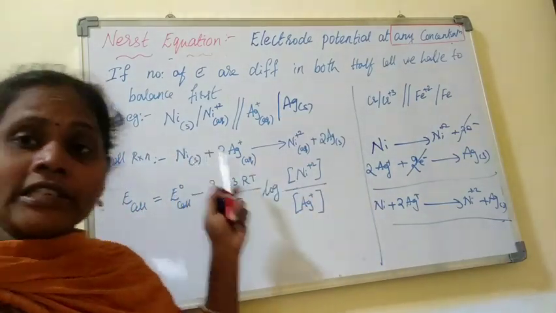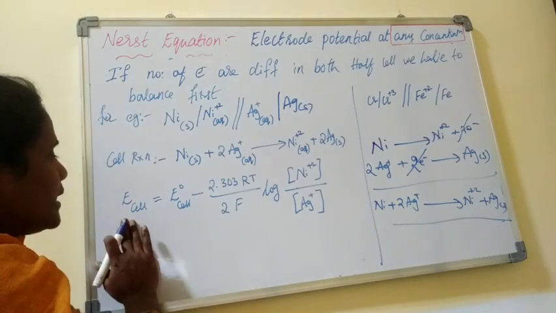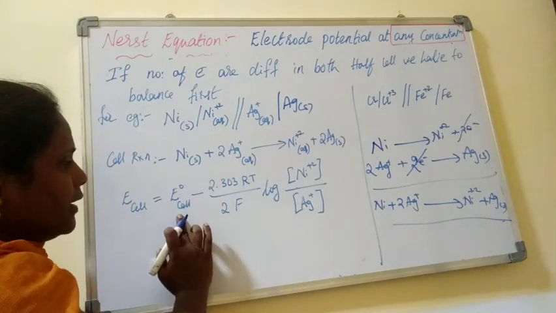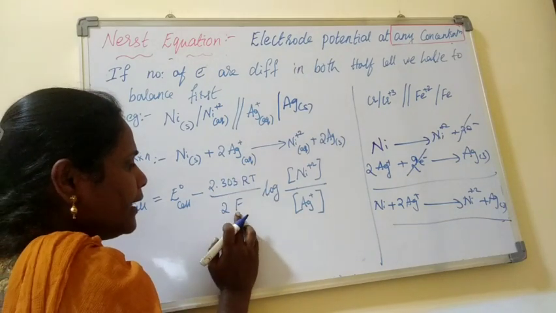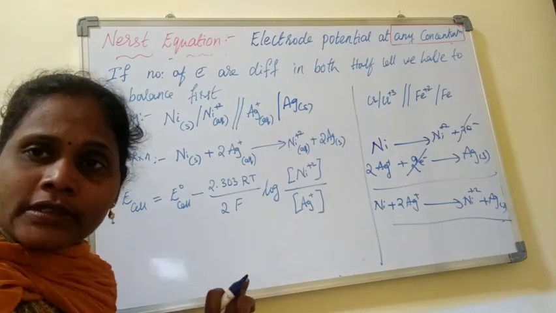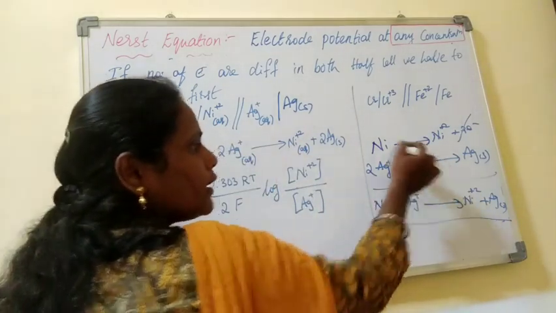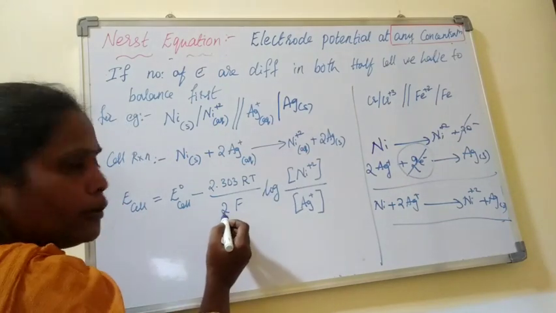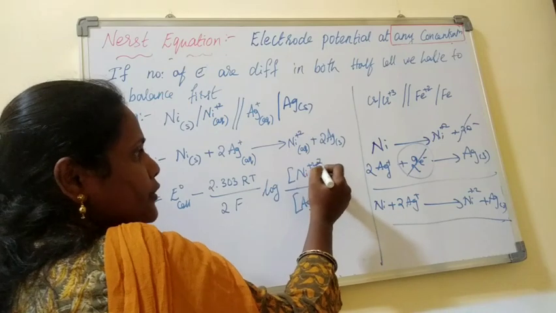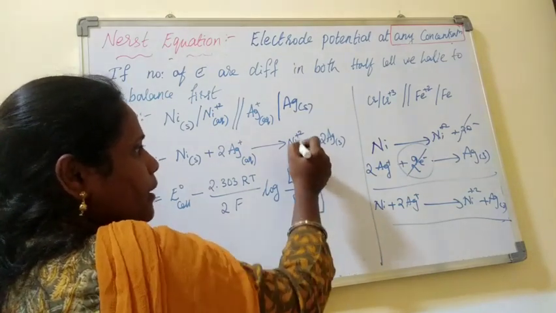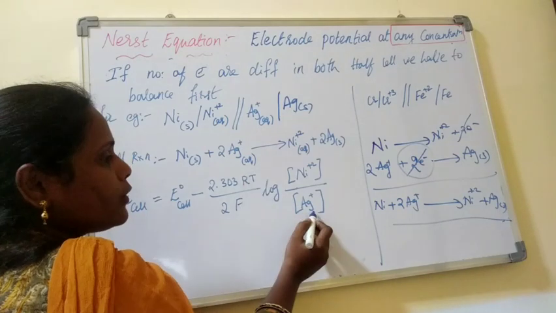Then my Nernst equation for this cell will be, again the same, E cell is equal to E naught cell minus 2.303 RT by nF. n means the number of electrons. So n here is also 2 electrons only. Finally, only 2 electrons are involved. Therefore I have written 2. Then log of the nickel ion concentration, the product ion concentration, by the reactant ion concentration, the silver ion concentration.